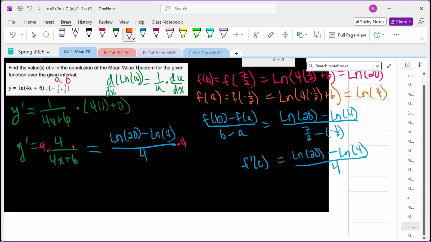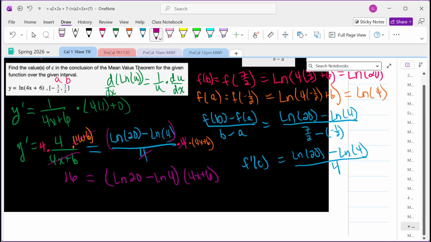And I'm going to multiply both sides by 4x plus 6. So on the left side, the 4x plus 6 cancel, and I'm left with 4 times 4 is 16. On the right side, the 4 on the bottom cancels with the singular 4 I multiplied by. So I'm left with natural log of 20 minus natural log of 4. That thing times 4x plus 6.